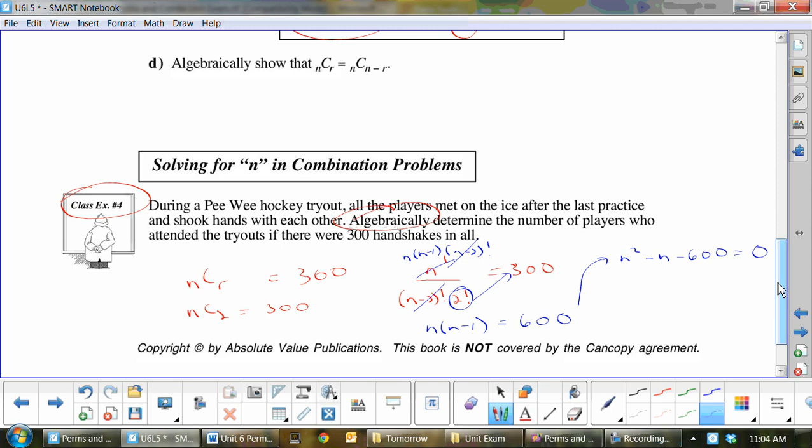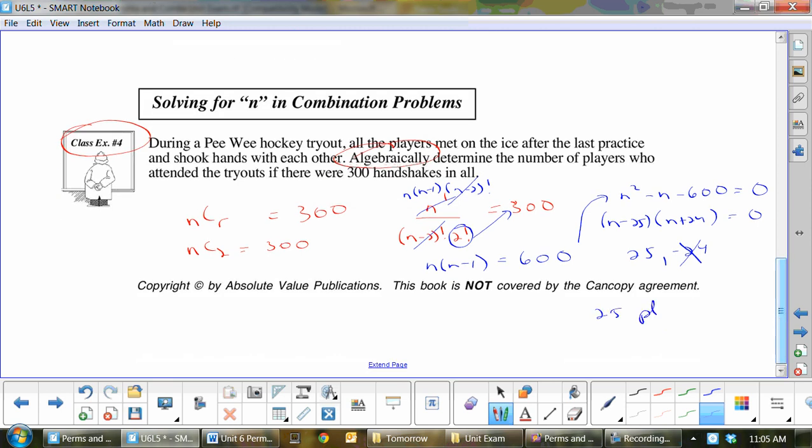Looking for 2 numbers that add to negative 1 and multiply to negative 600. So you're guessing and testing now anyway, right? So 25 and 24. So n minus 25, n plus 24 equals 0. So my answers are 25 and negative 24. Can't have negative 24 players, so that's crossed out. So there would be 25 players.